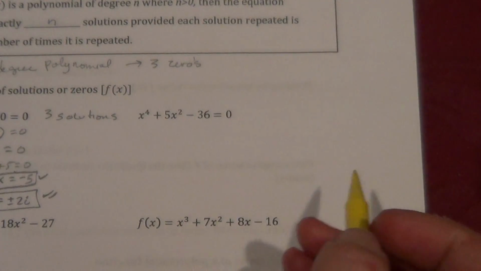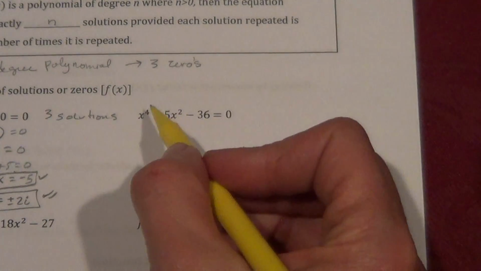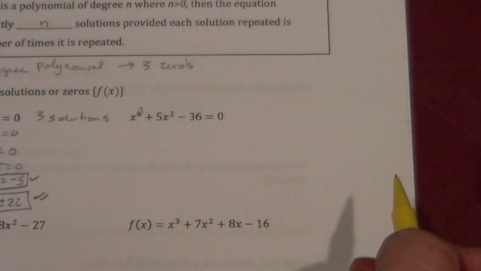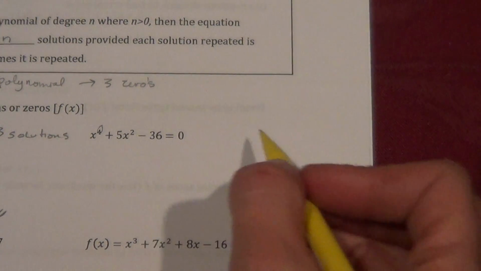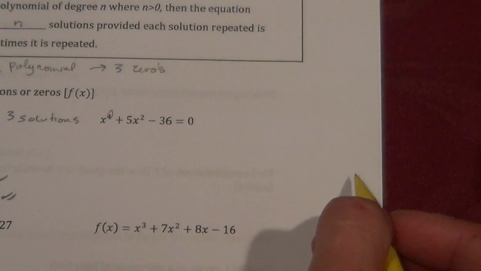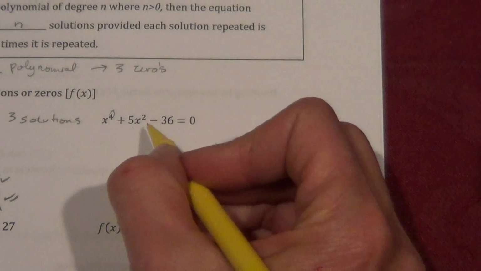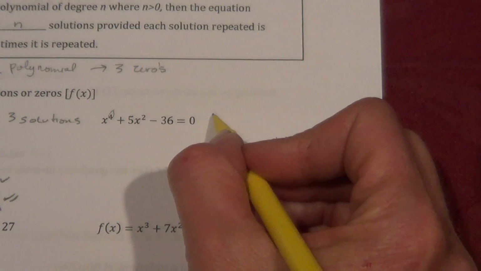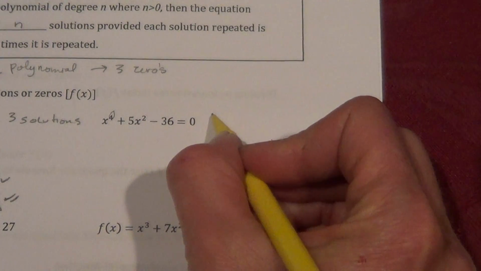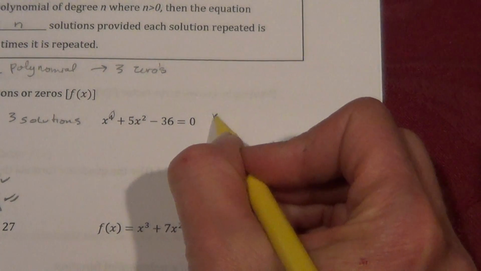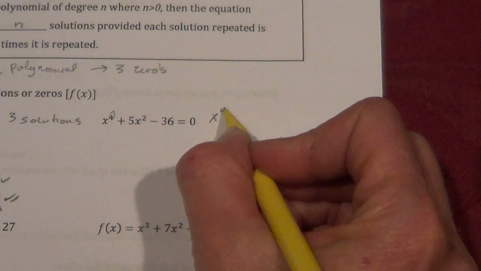This is 4 solutions because it's a 4th degree. Let's see if we can find those 4 solutions. We have x to the 4th.